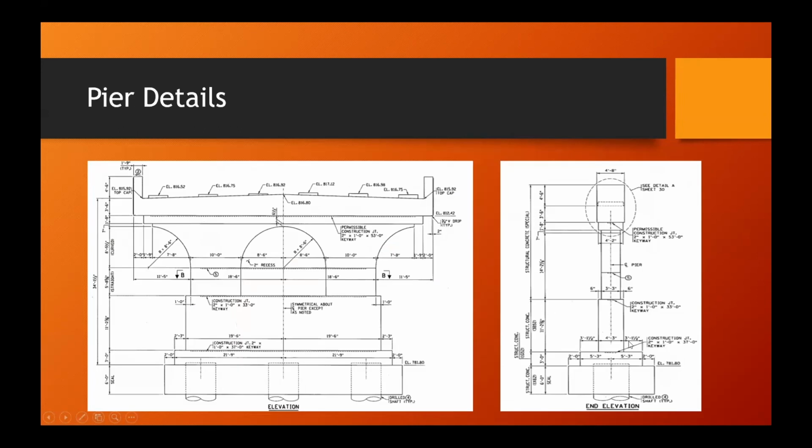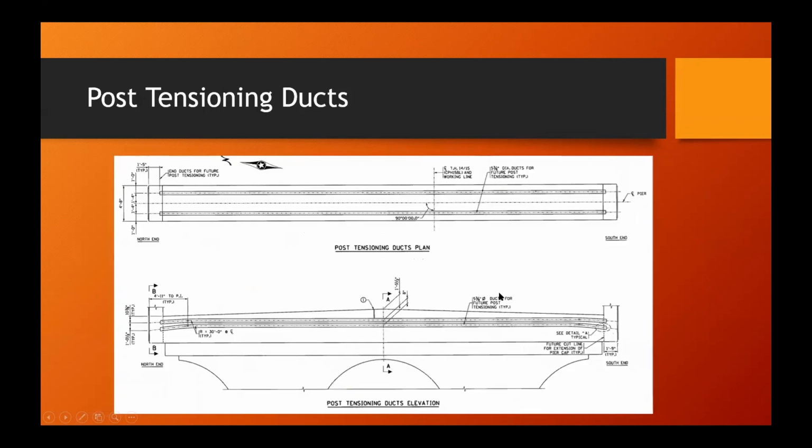Here we can see our pier on drilled shaft foundation. There is some aesthetic value, but nothing overly complicated. Here are our post-tension ducts in the pier cap; they're cast into the cap for future widening.